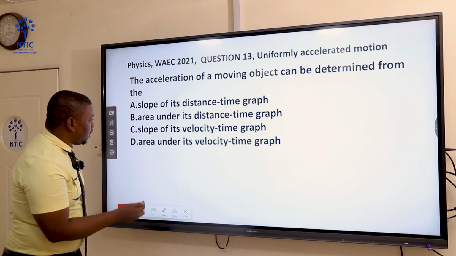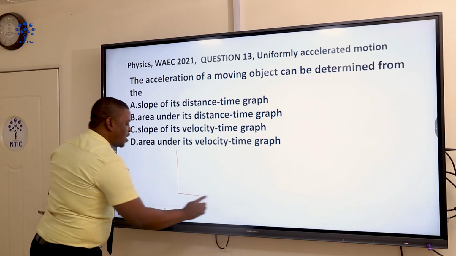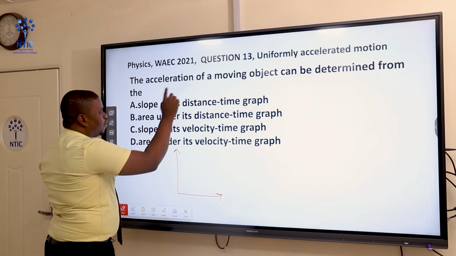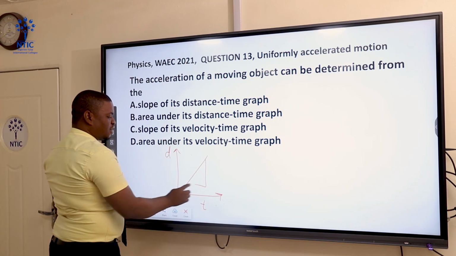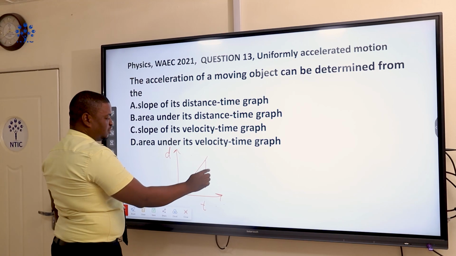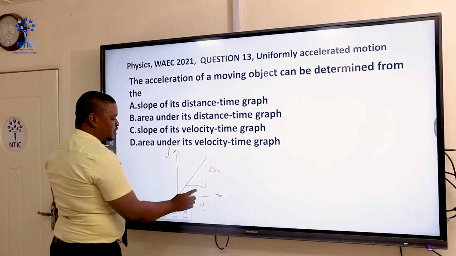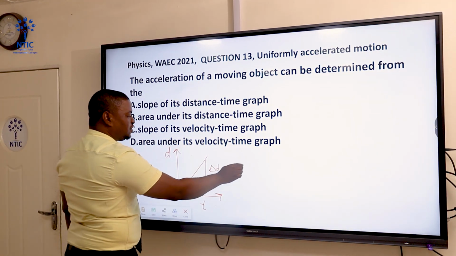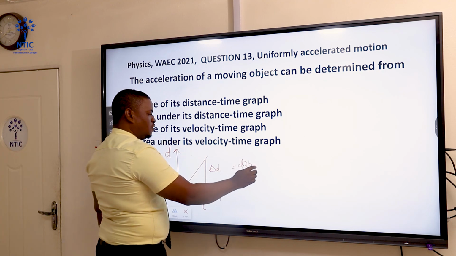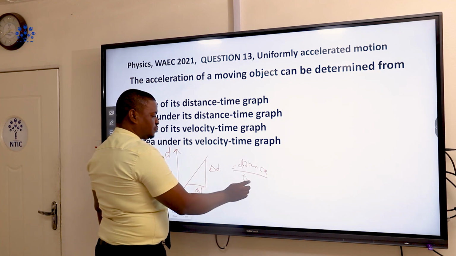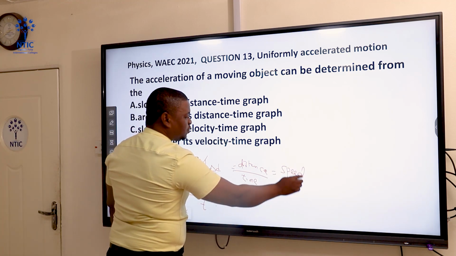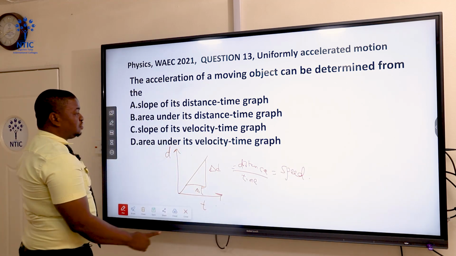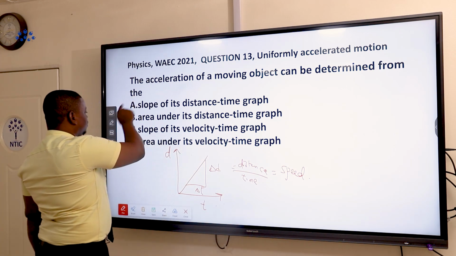Now let's take option A. If I plot a graph of distance against time, the slope of this, that is change in D over change in T, will give me distance over time. Distance over time is what we call speed. So it's not acceleration. So this one is off.